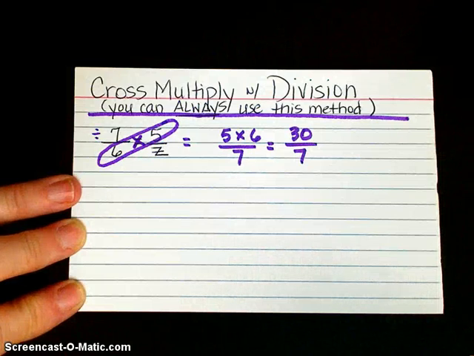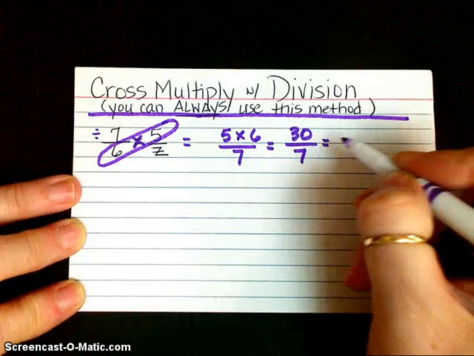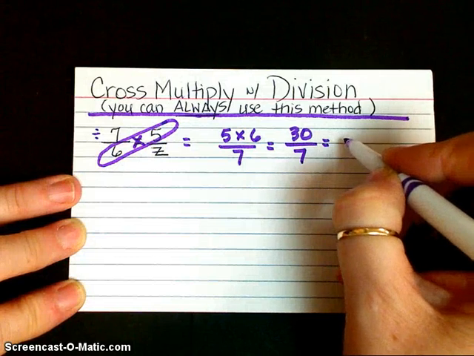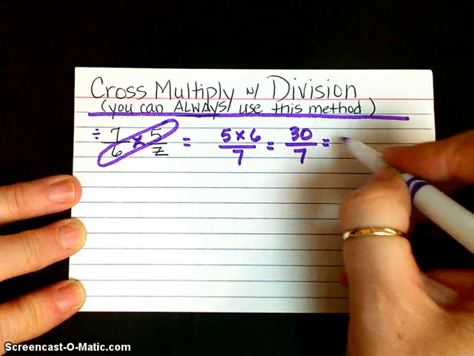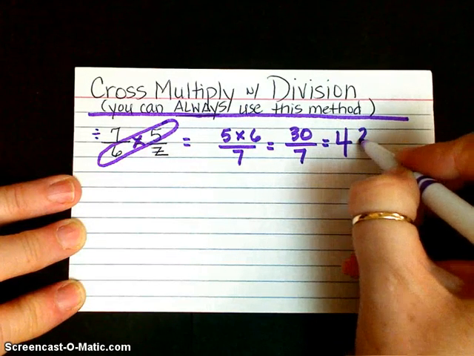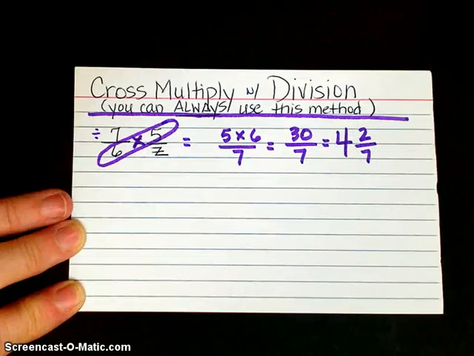And y'all know it's not the best thing to leave improper fractions as your answer, so let's simplify that. That's going to come down to 7 goes into 30 4 times with 2 left over. Now, could you leave that as 4 2/7?